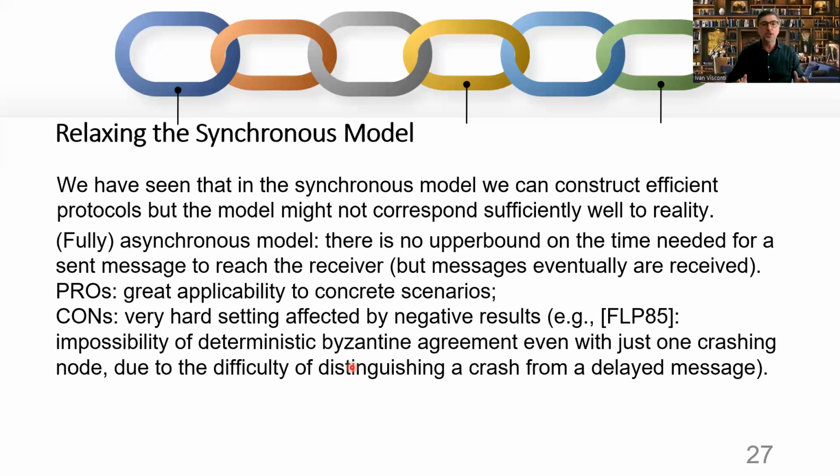Since you cannot distinguish the two cases, it's very tough to construct protocols in this setting. There are impossibility results, and even other results that are not impossible provide positive results that unfortunately are not practical or efficient enough for concrete scenarios. So we have good news in the synchronous model, terrible news in the asynchronous model.